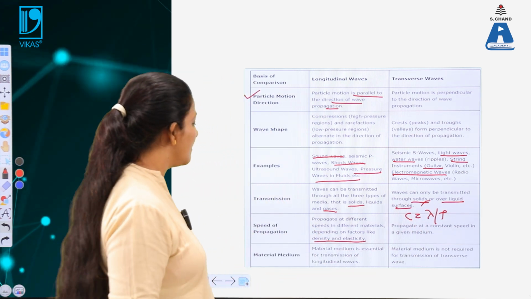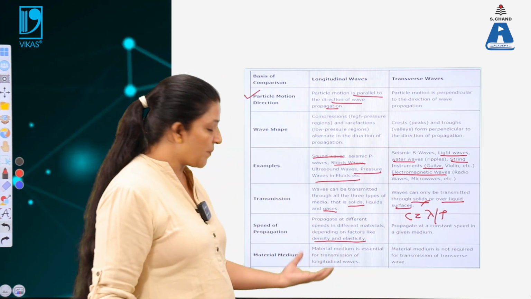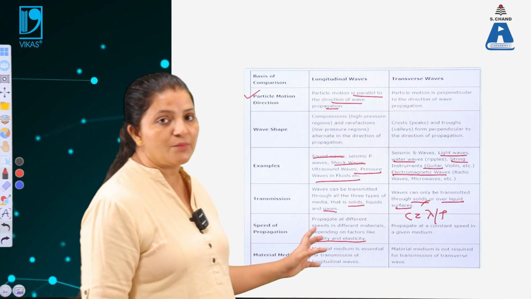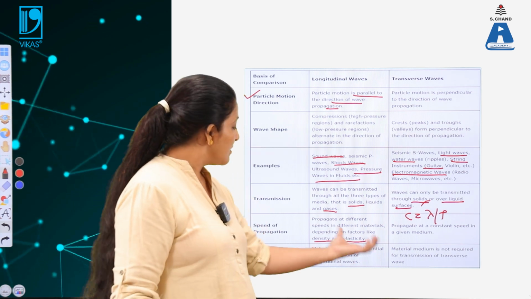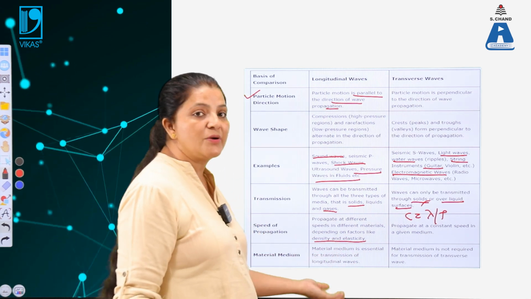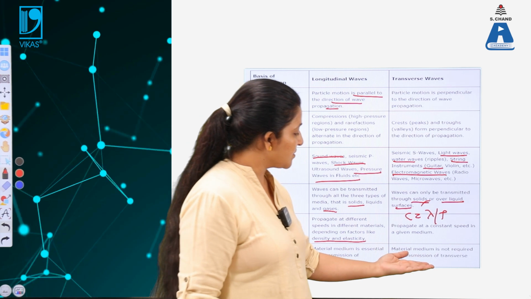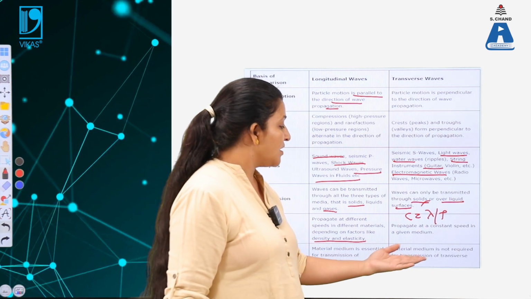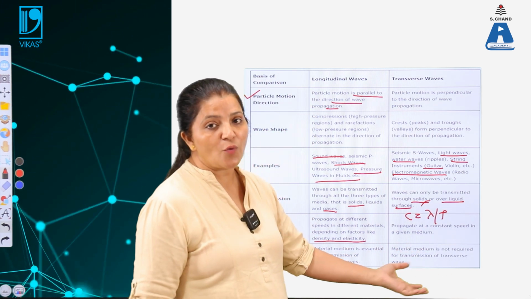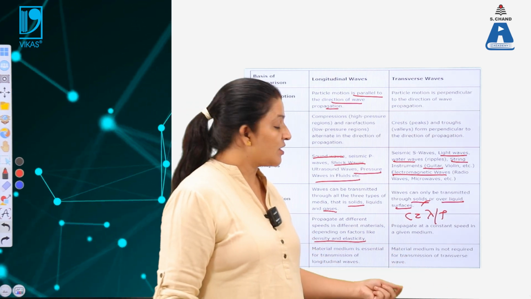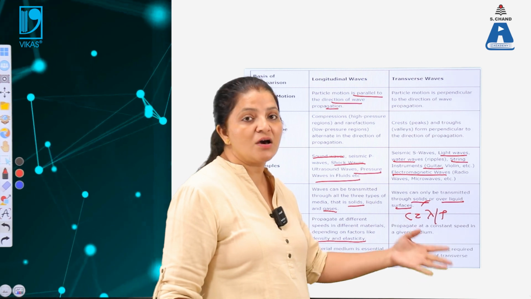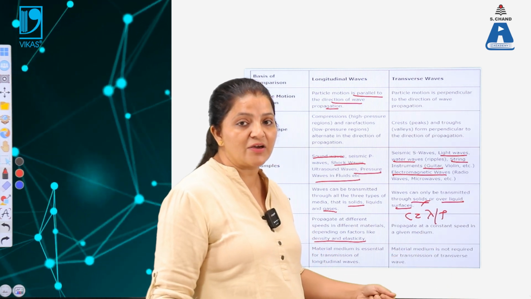Then next is the material medium. We know that for the propagation of longitudinal waves, and this is an important point, a material medium is required. Without a medium, these waves are not able to travel, while transverse waves can travel without a medium. So there is no requirement of a medium. We know that light can travel in a vacuum. We can pass light from one point to another.